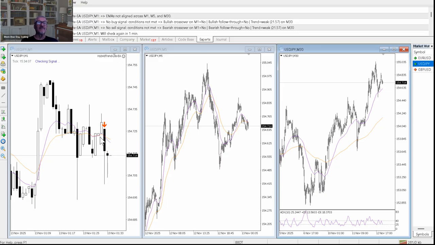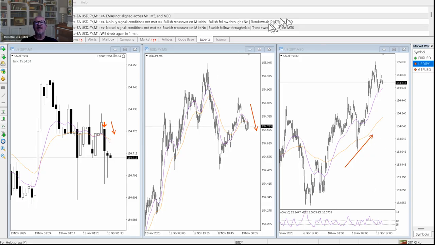They're not aligned. We have a crossover. We have a bullish crossover. It already disappeared because we're on a 1 minute chart, so it's very fast movement. But our EMAs are not aligned, and let me show you. So again, you can follow this. This one is down, this one is down, but this one is up.